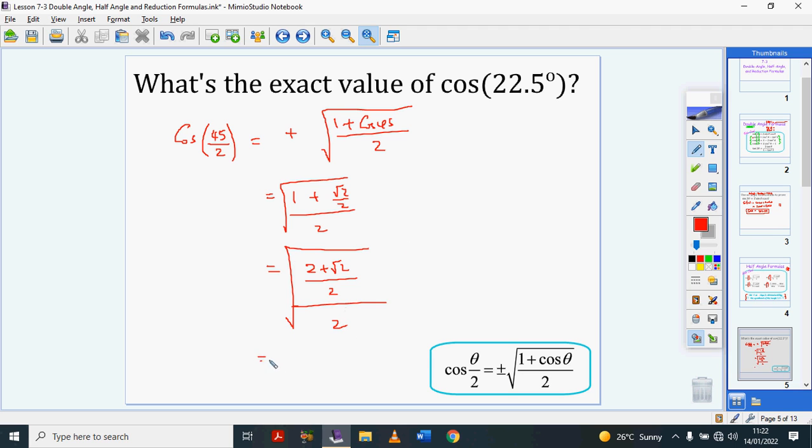So that becomes 2 plus root 2 divided by 4. I hope we can all see that. And then that at the end of the day becomes square root of 2 plus root 2, all over, no, sorry, not over 4, over 2. So that's my exact value of cosine 22.5 without using a calculator.